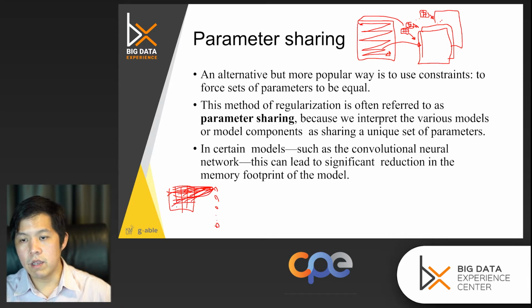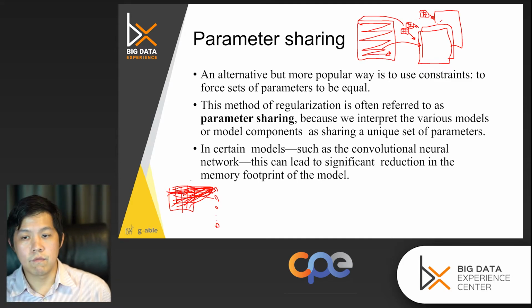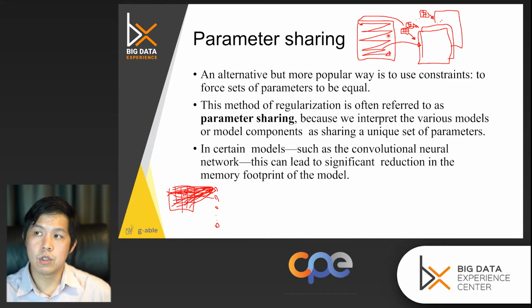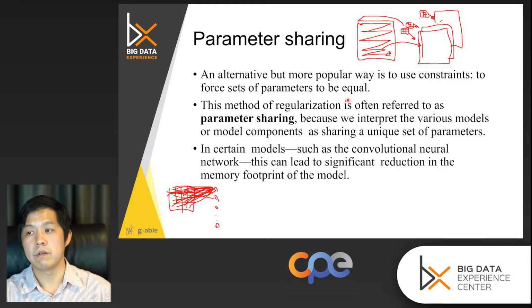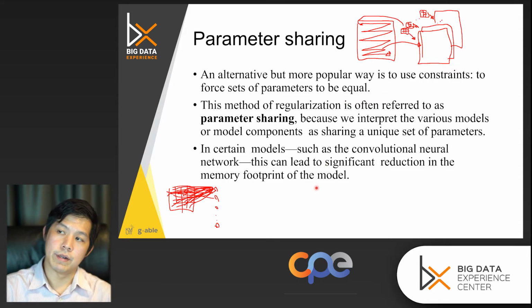So there are so many parameters for each node here, and the second one as well. So many parameters. Unlike the convolutional neural net, where you have just 9 parameters shared and used throughout the text here. Right? This is called parameter sharing. You will see that again later when you learn about convolutional neural networks. It reduces the memory footprint.